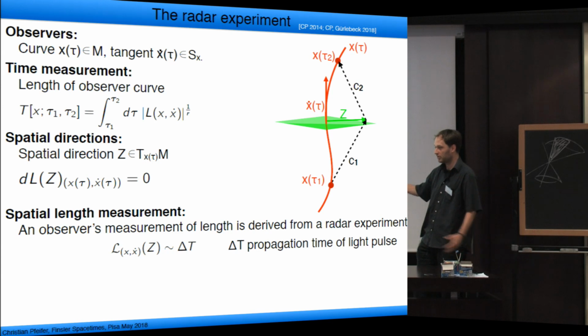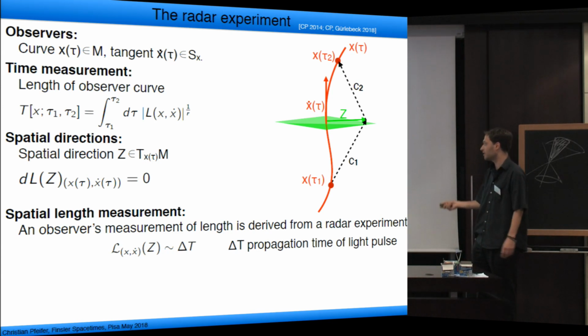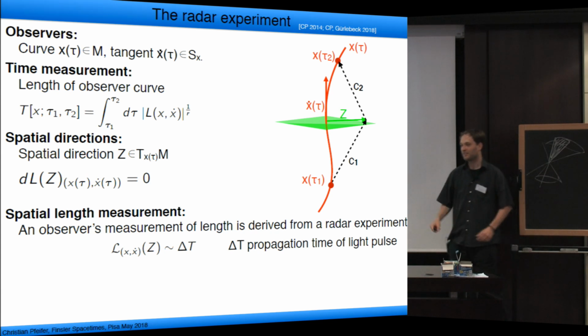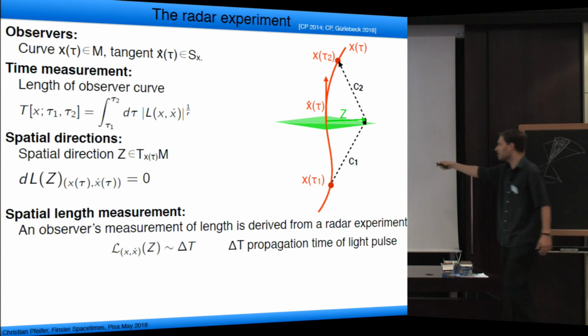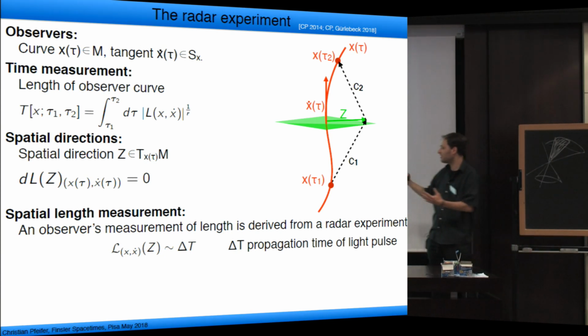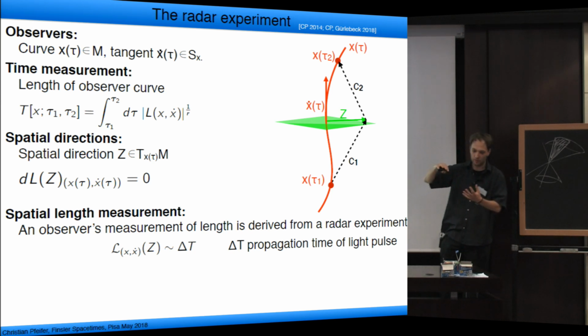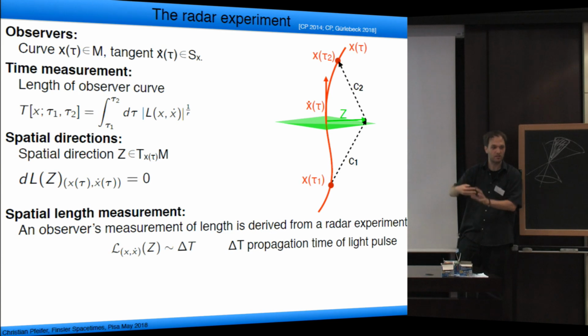If you want to convert it into units of length, you need a proportionality constant, which is maybe the constant speed of light. Oh yeah, it's 1. But if it's not constant, because we haven't said yet anything about how an observer measures velocities, and the measurement of velocity is connected to the measurement of length. So it is a bit tricky to define these physical notions, because in Riemannian or pseudo-Riemannian geometry this all comes together easily.